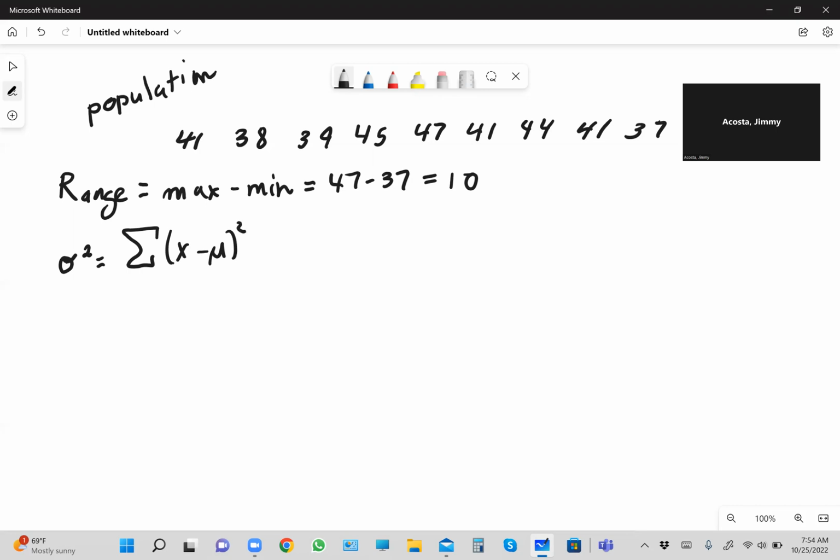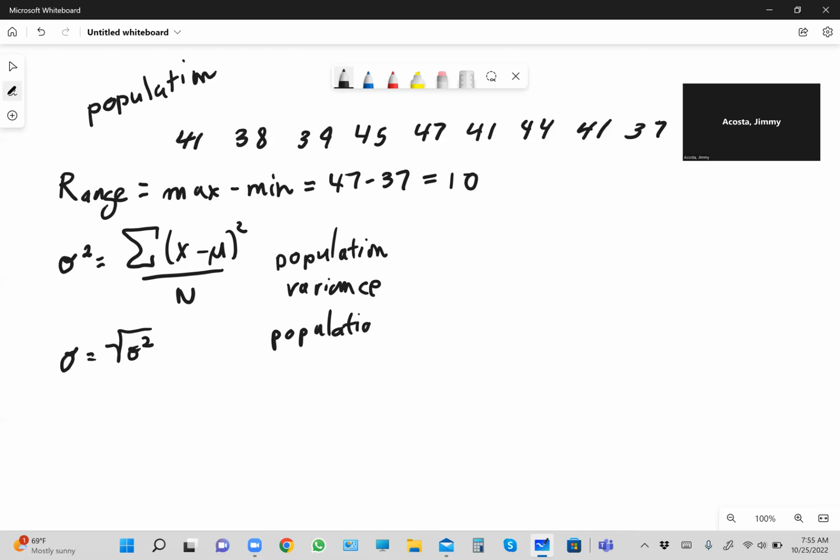If you remember correctly, this is our population variance. And if you take the square root of your variance, you end up with what? Called the population what? Standard deviation.